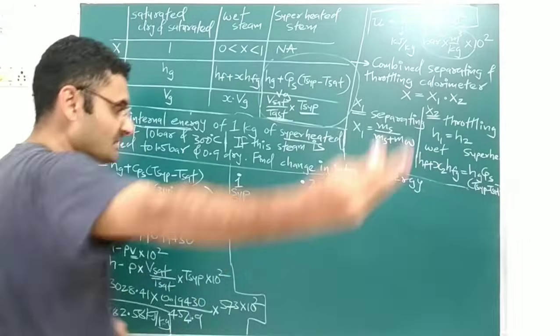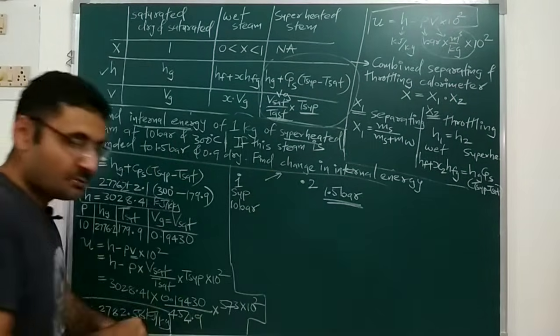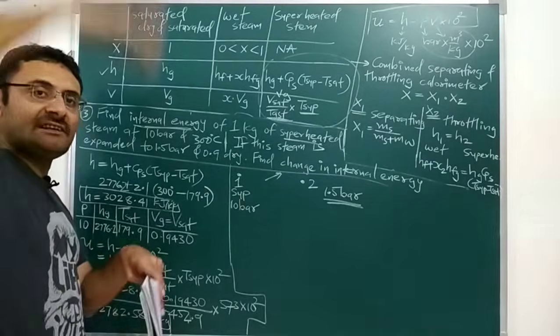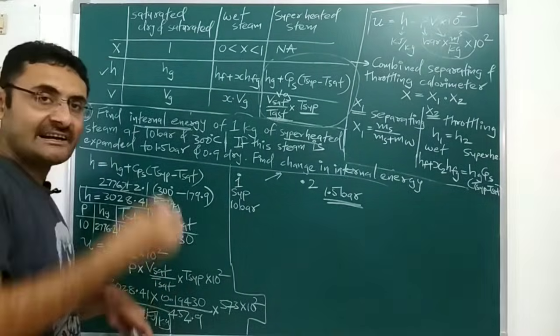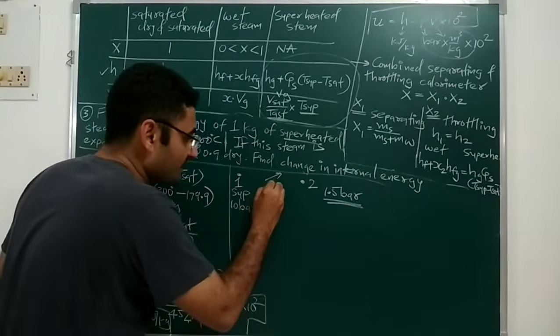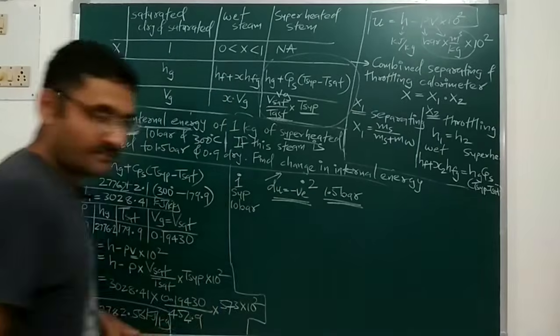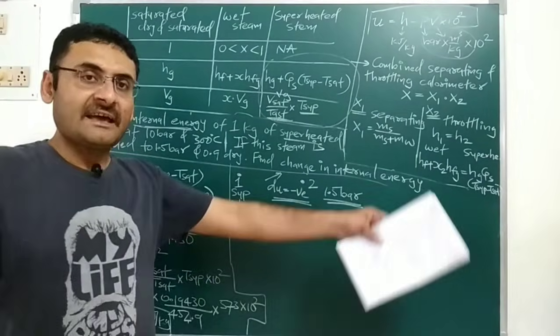So over here expansion has taken place, so pressure is decreasing, and due to the expansion, what happens? Heat is rejected, and if heat is rejected, internal energy decreases, so the change in internal energy, dU, must be in negative sign. Clear about that? One steam is there, and that steam is expanded.